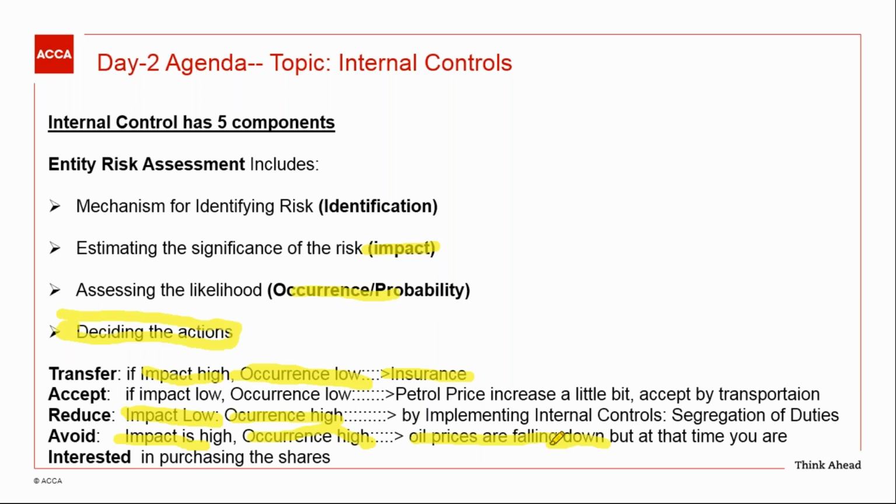It will give you a loss. So obviously in this scenario you will avoid the risk, when you definitely know that you are going to be in a big mess. So these are all the four strategies of the entity risk assessment.